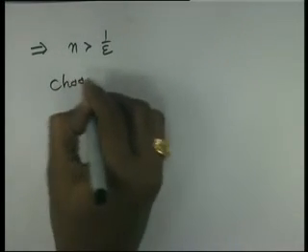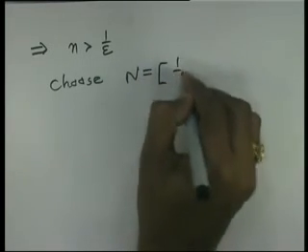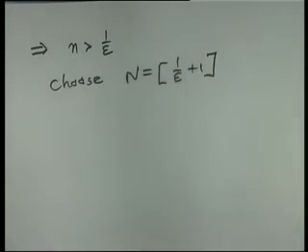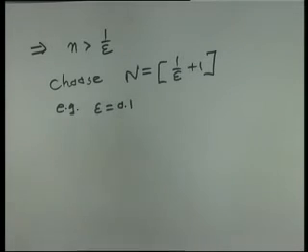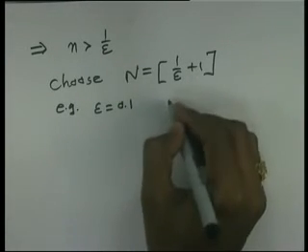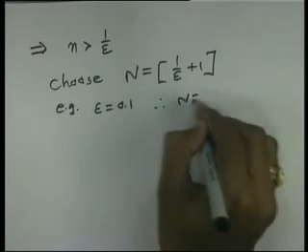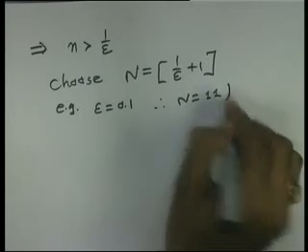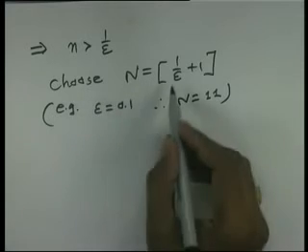So choose integer N as 1/epsilon plus 1. For example, if epsilon is suppose 0.1, then 1/epsilon is 10, and therefore capital N is equal to 11. So this was a simple example to calculate the capital integer N. Here we have to choose capital N in this way.